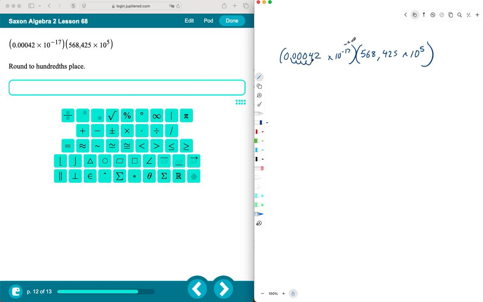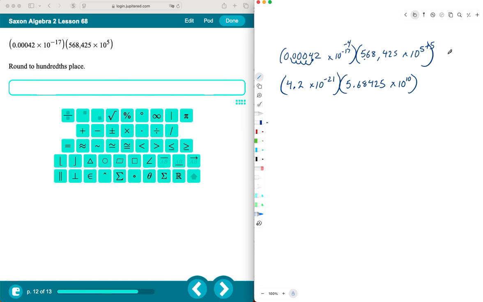So backwards 4. 4.2 times 10 to the negative 21. That's the first one. This one's going to be 5.68425. 1, 2, 3, 4, 5. So that's plus 5. So times 10 to the 10. It's plus 5 because we went forward 5. So forward 5 is to the front of the number, that's positive.